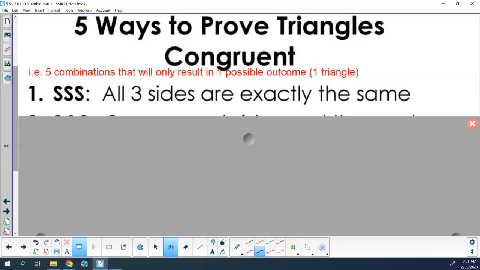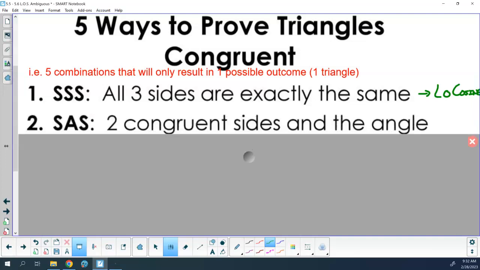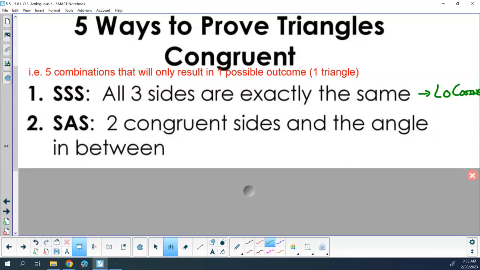Now, the downfall with the side-side-side case is it is a law of cosines to solve. So that's going to be later on this week. So we're not going to have any side-side-side cases. Okay. Next one is side-angle-side.